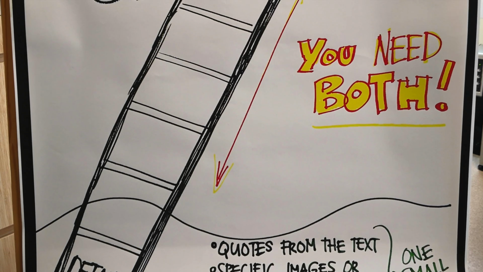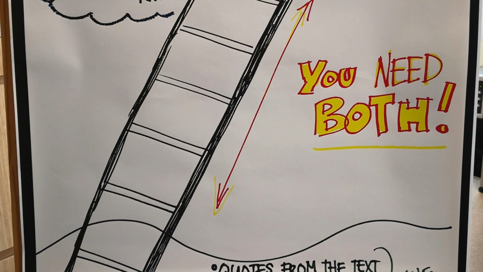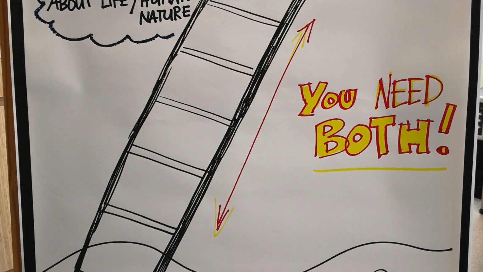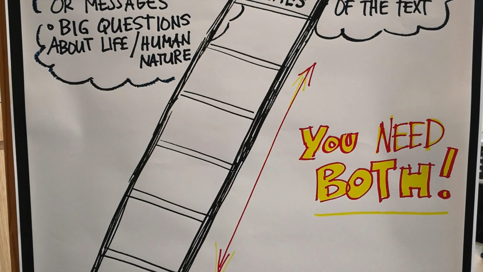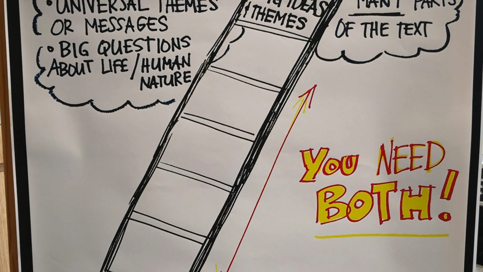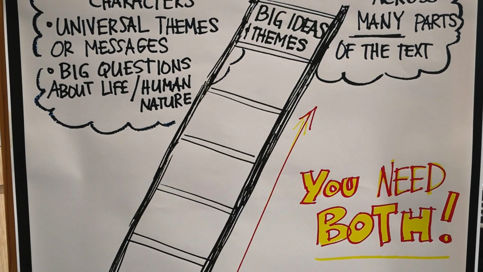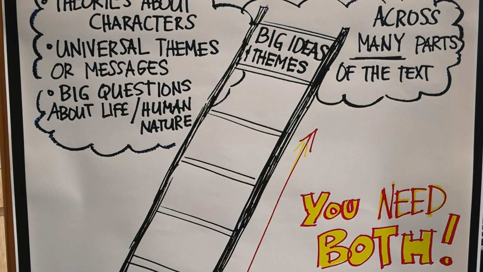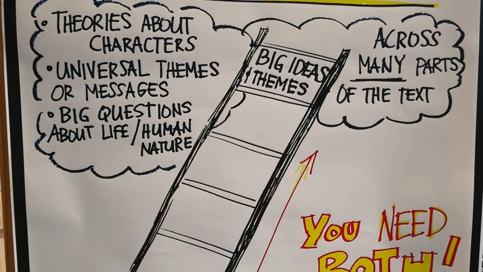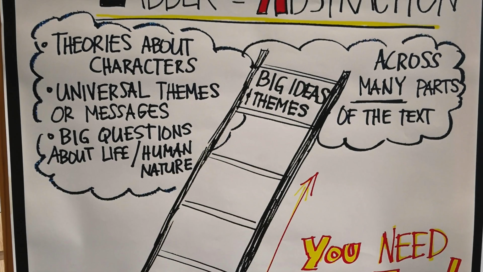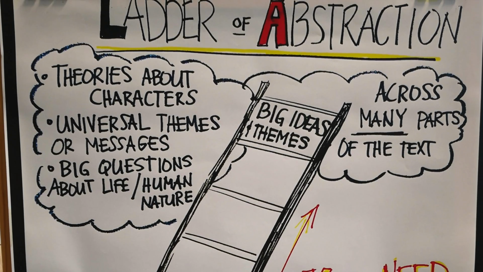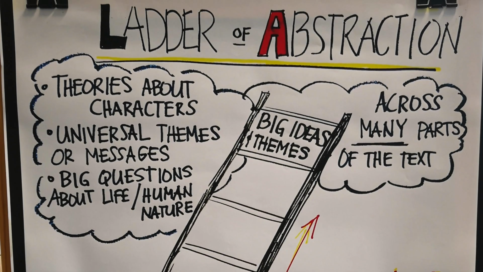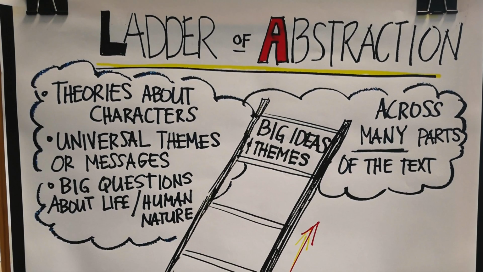These are all at the bottom of the ladder of abstraction. So, one small part of the text. And my goal in this type of making notes is to get to the top part of the ladder of abstraction, which is where I'm looking at big themes and ideas about the text, maybe what the text is trying to teach me or the message that it has, or maybe some theories that I have about the character or what the story is trying to say.